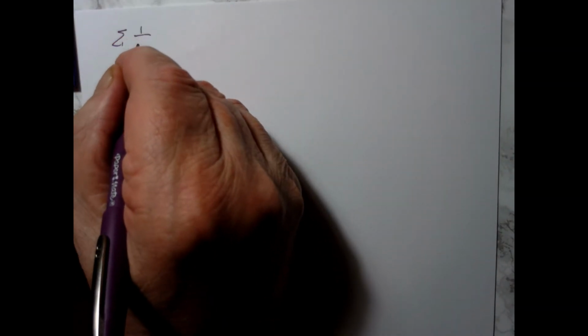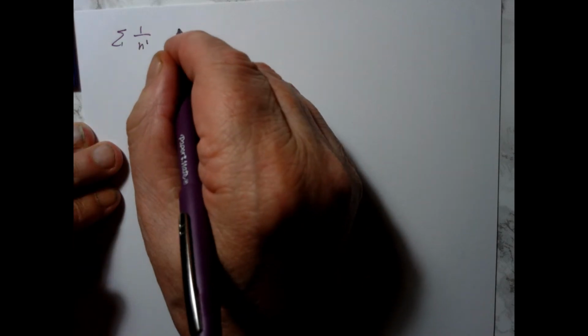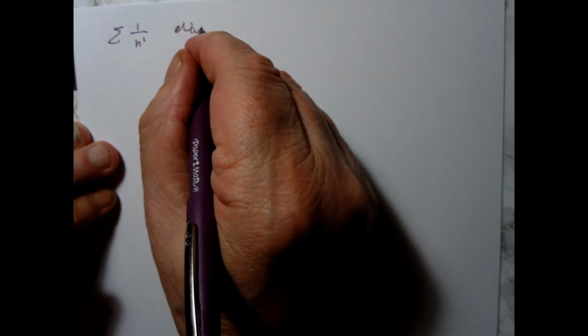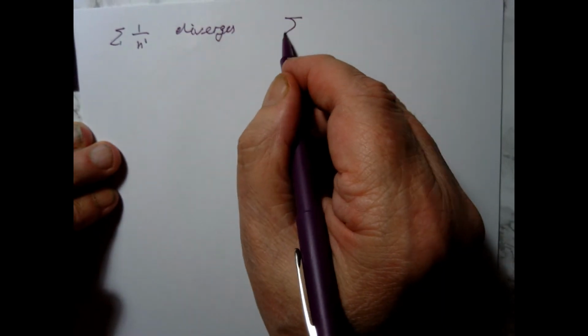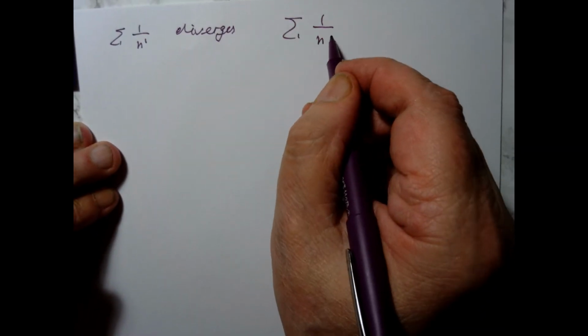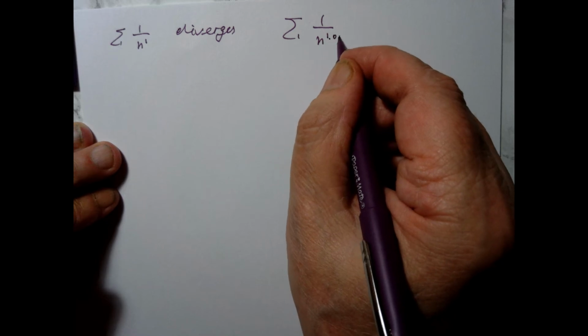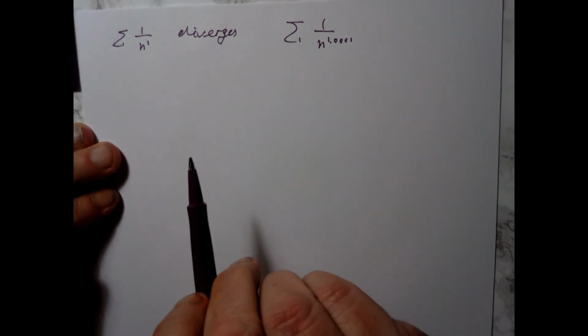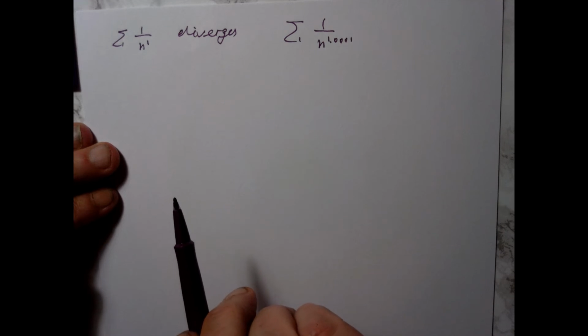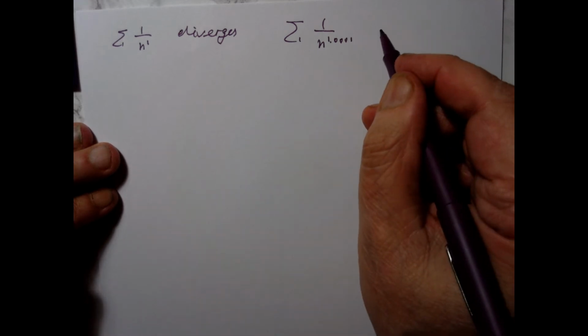But here is the thing. If I look, for instance, at the series 1 over n to the power of 1, then the series diverges, right? If I look at the series sum of 1 over n to the power 1.0001, so this time my p is equal to 1.0001, and this time the series converges.